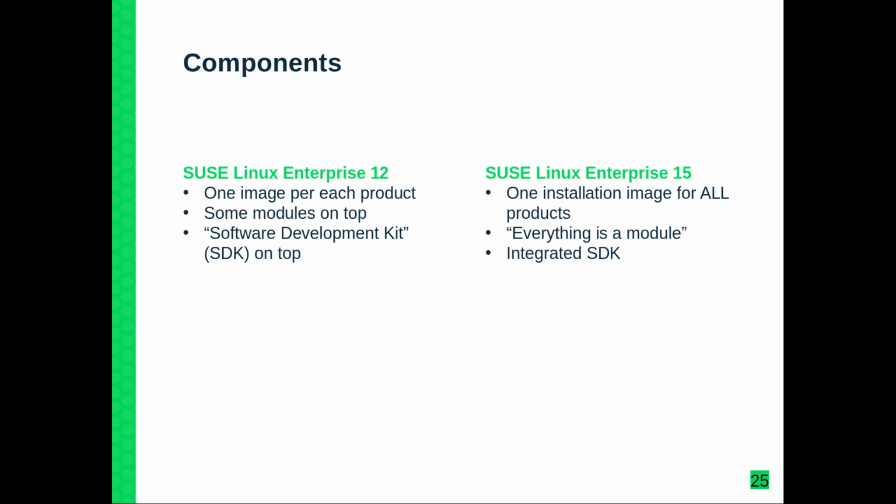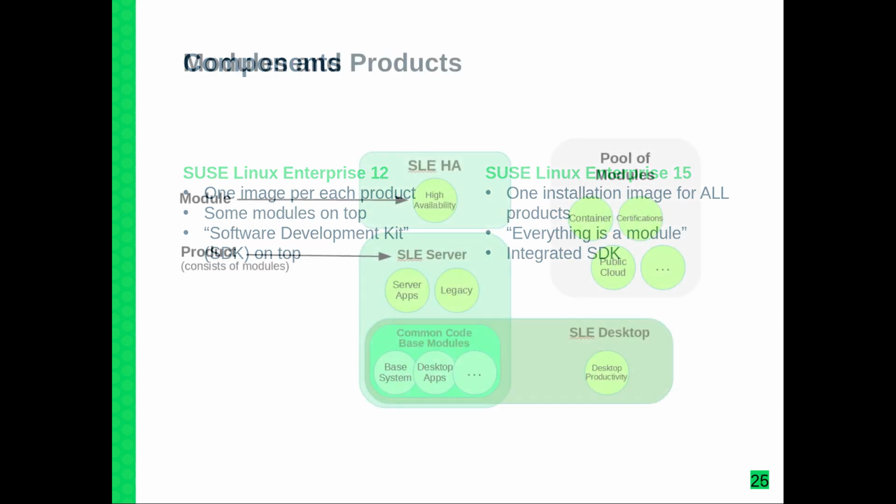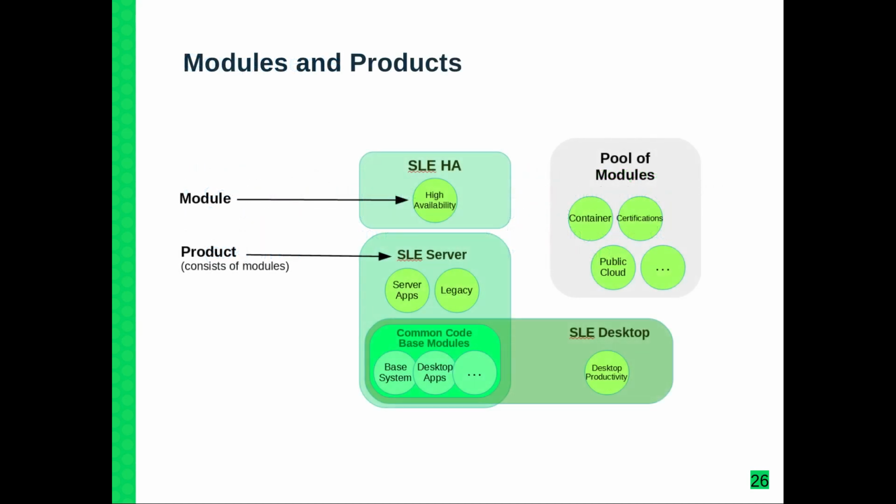Now, let's take a look at kind of how these products are related to each other. You'll notice that at the beginning, you select the base system, you select what types of applications, and there's some sharing between, say, a SUSE Linux Enterprise Server deployment and a SUSE Linux Enterprise Desktop deployment.